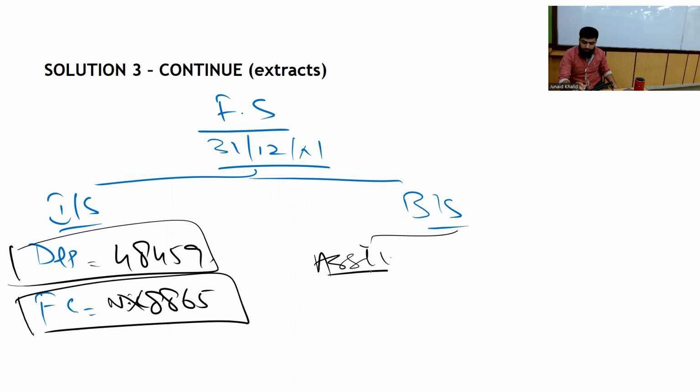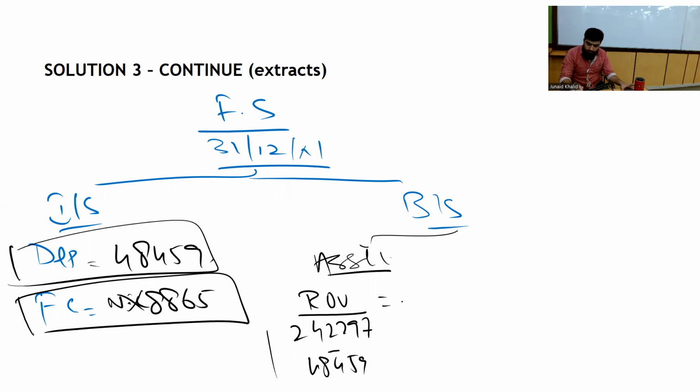Definitely we are going to recognize the assets, and in assets we'll recognize the right of use asset. The right of use asset would be recognized at the cost of the asset, that is right of use, was 242,297, and definitely we will deduct the depreciation, that is 48,459.